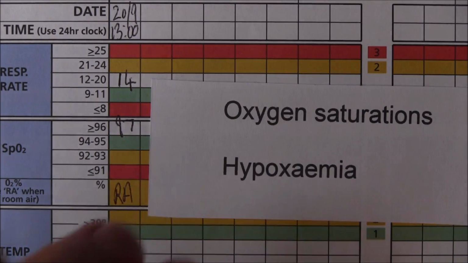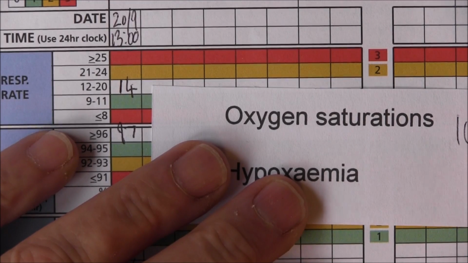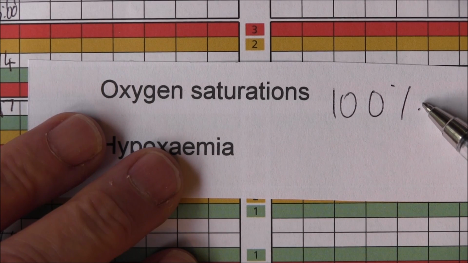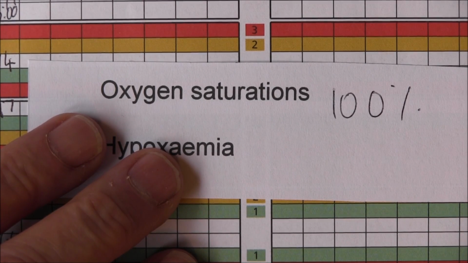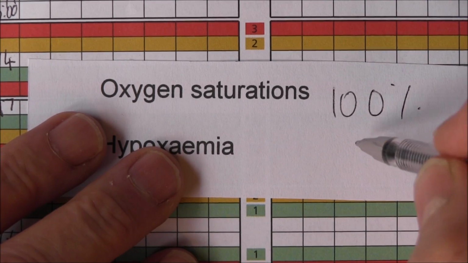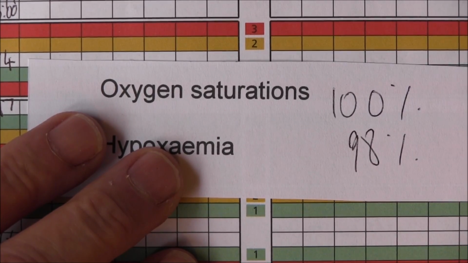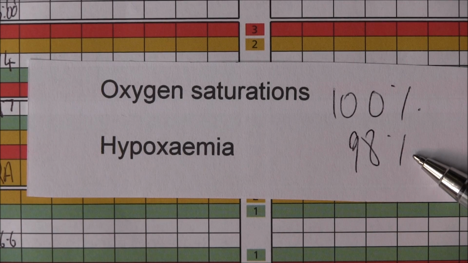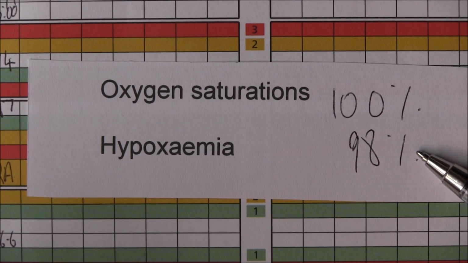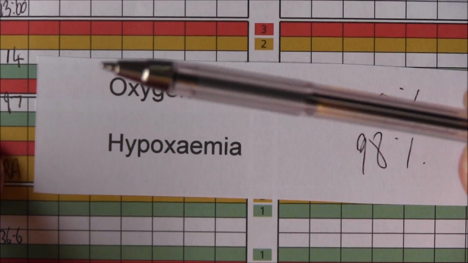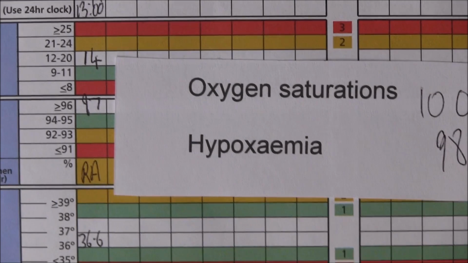So if the patient has 100% saturations, as we do see, then what that means is that all of the hemoglobin molecules in the patient's blood are carrying 4 oxygen molecules each. And if the patient's saturations are 98%, then it means only 98% of the hemoglobin molecules in the patient's blood are carrying oxygen molecules. So it's amazing to think that the lungs are often working with 100% efficiency, or certainly in the normal situation, as we see, above 96% saturations.